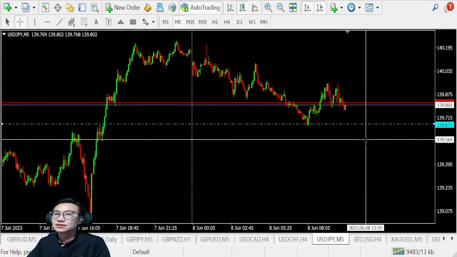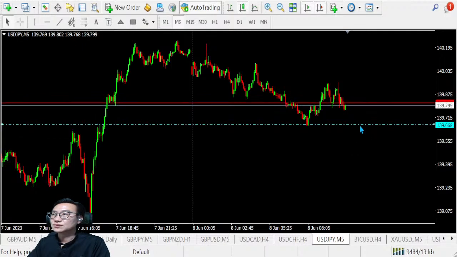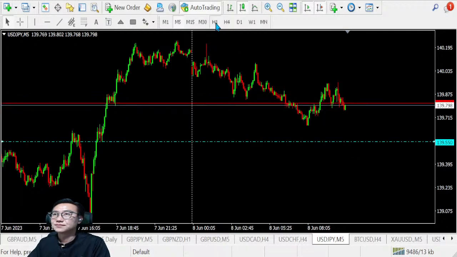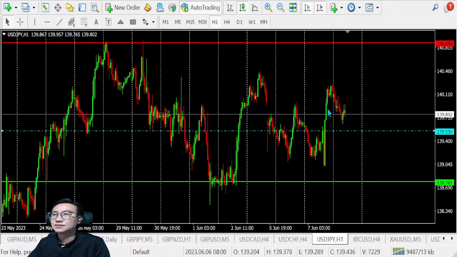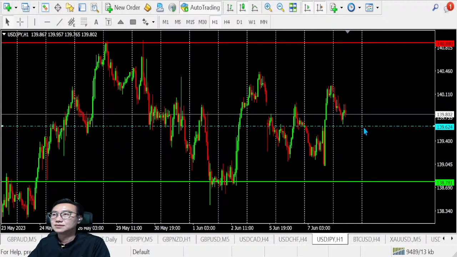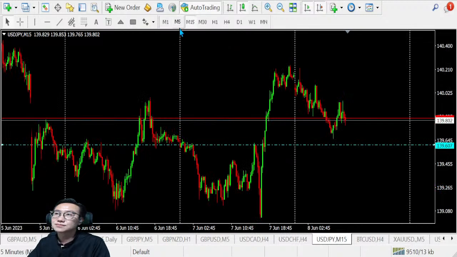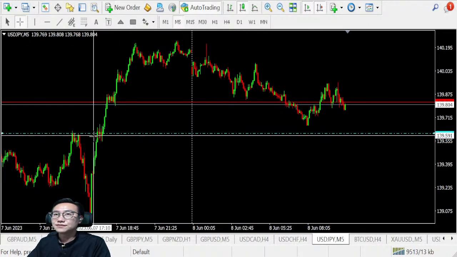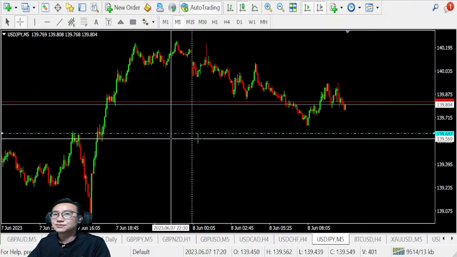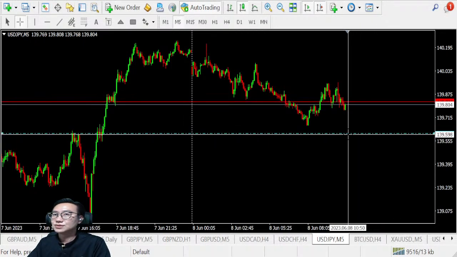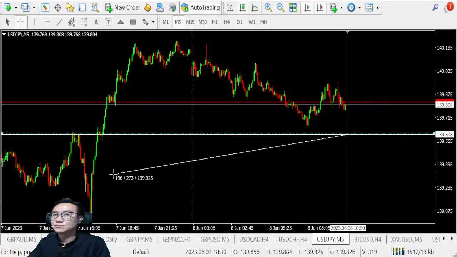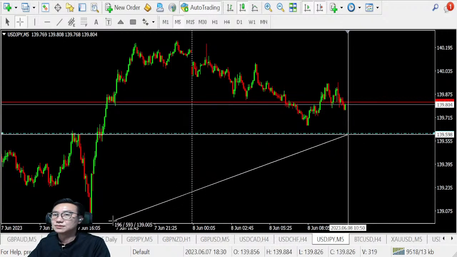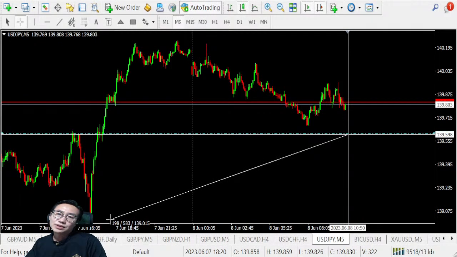I will be looking into this area to sell. Clear this area first. After this area, we should have about 20.